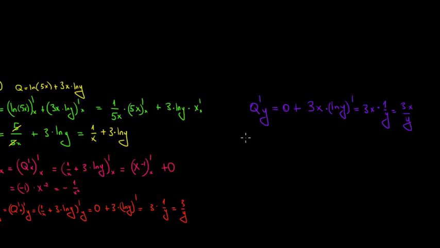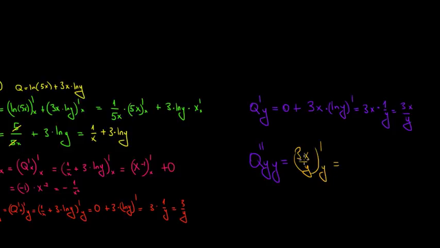Now, let's do the derivative of y with respect to y again. Q derivative with respect to y one more time. So we saw that the derivative of q with respect to y is equal to 3x over y. And we differentiate this with respect to y one more time.